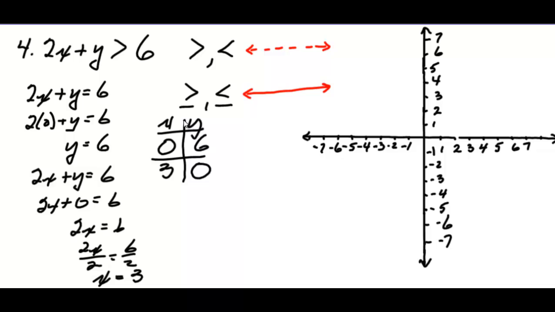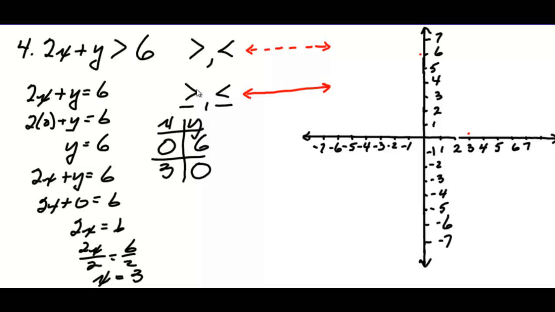Now you noticed when I was solving it, I used the equals sign. That's okay. What I'm going to do now is go ahead and show you where that line would be. If the points were 0 and 6, that first point would be way up here. The second point being 3 and 0 would be down here.